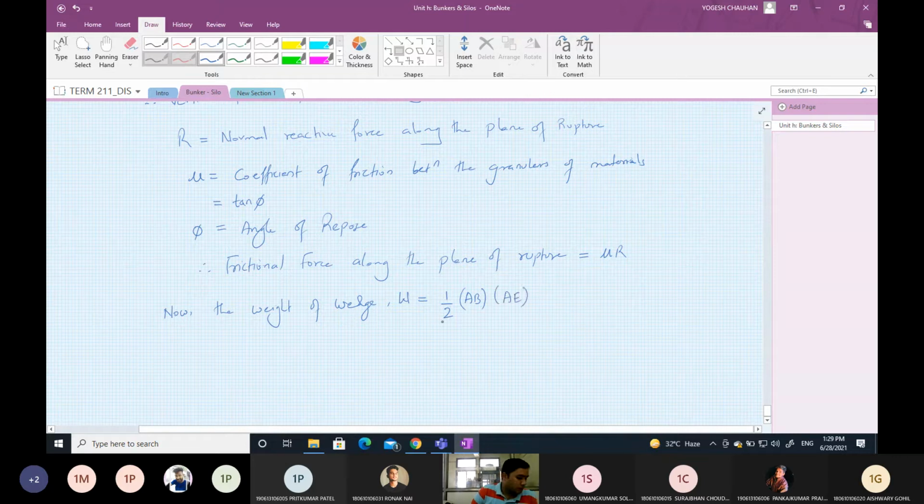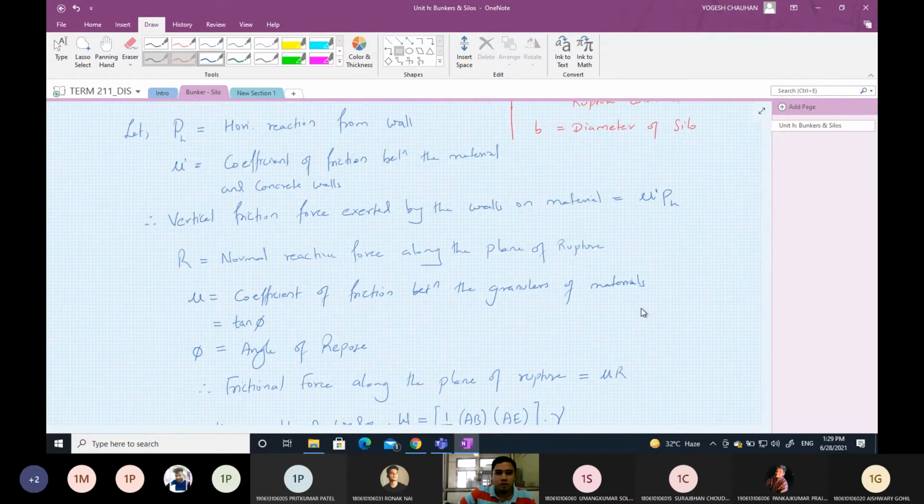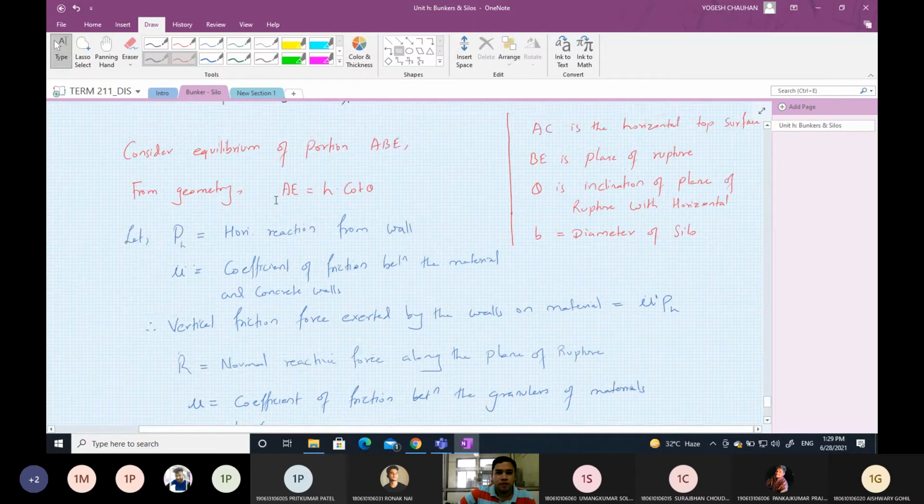This is the area under the triangle multiplied by unit weight of the material. Now from the figure, AB is equal to H and AE is equal to H cot theta.